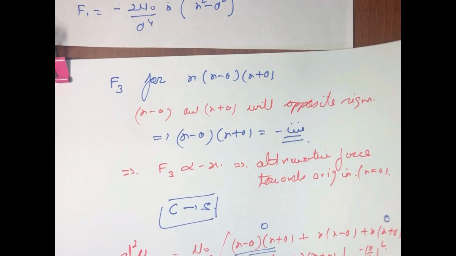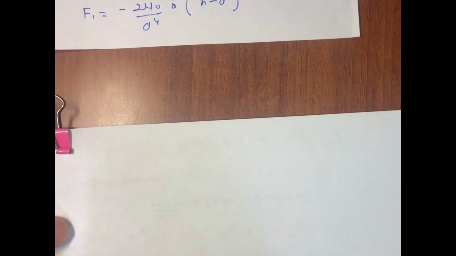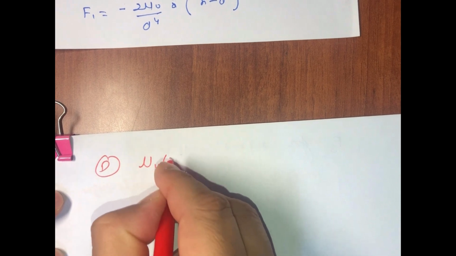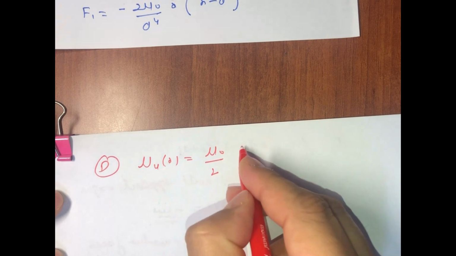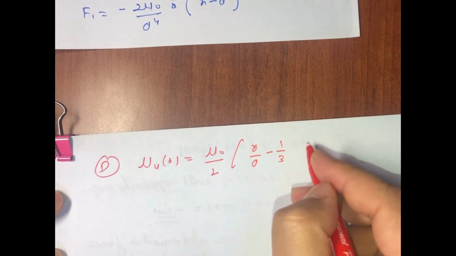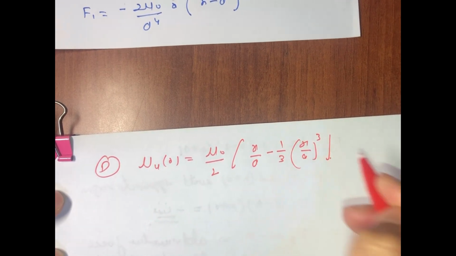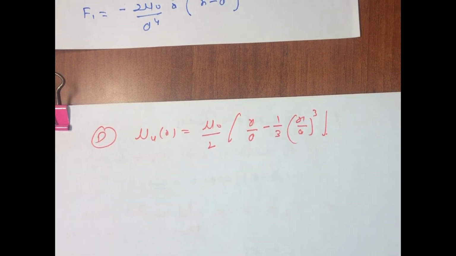And let us solve it for the last part, that is D. We are given that u4x is equal to u naught upon 2 times x upon a minus 1 by 3 x upon a whole cube. So let us find out the force.